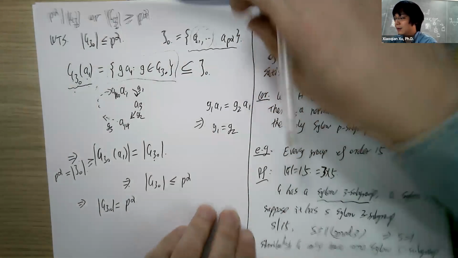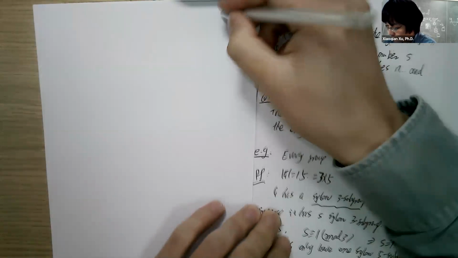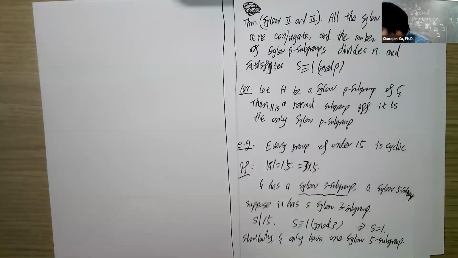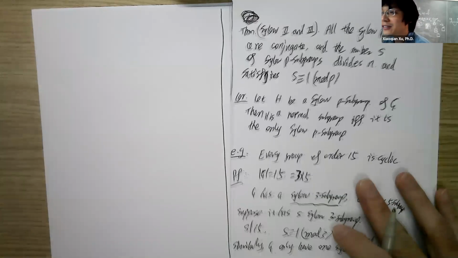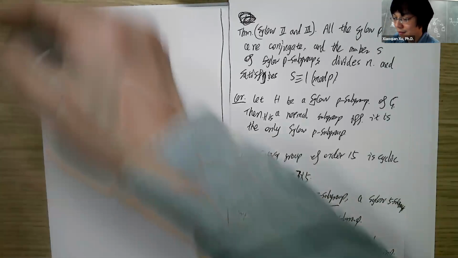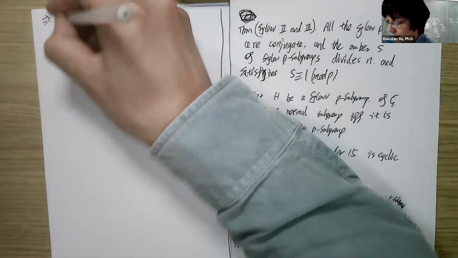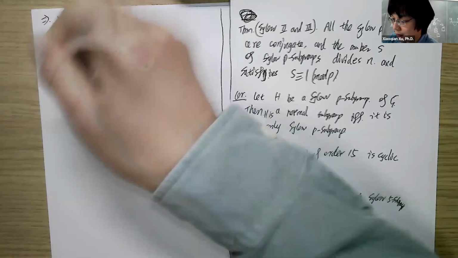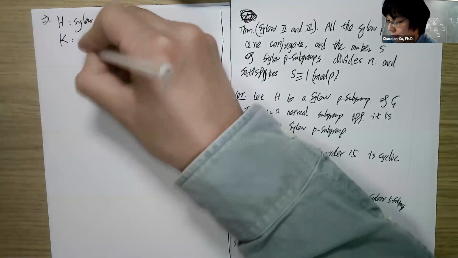Okay, so that means a lot. It means you have only one Sylow 5 subgroup, and you have only one Sylow 3 subgroup. Then the conclusion is, let's say H is the Sylow 3 subgroup, and K is the Sylow 5 subgroup.